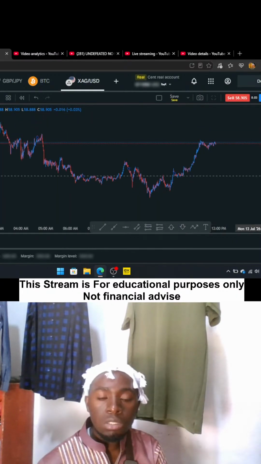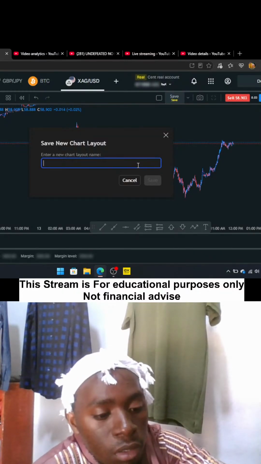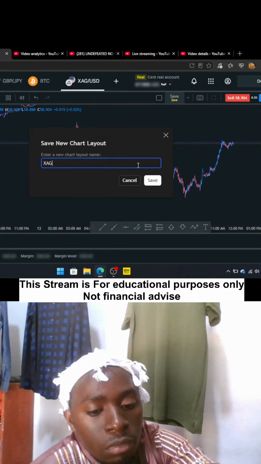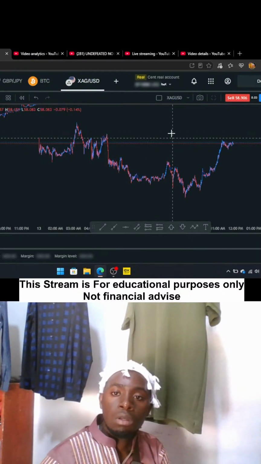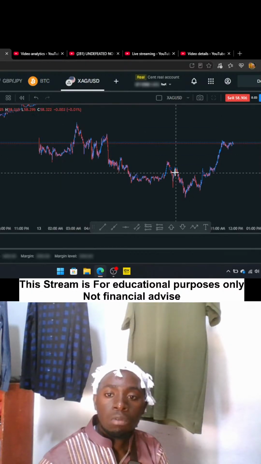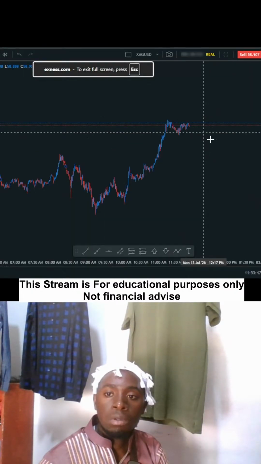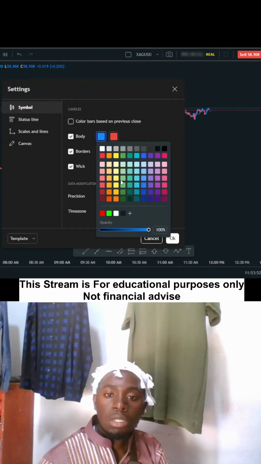There's not much of a difference. This will be exact USD. What else? Okay, so I'll also be changing the color.